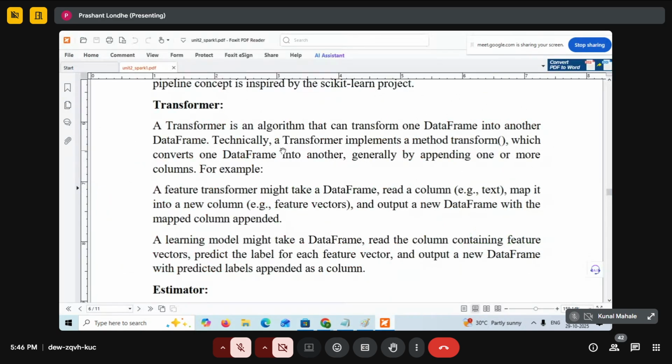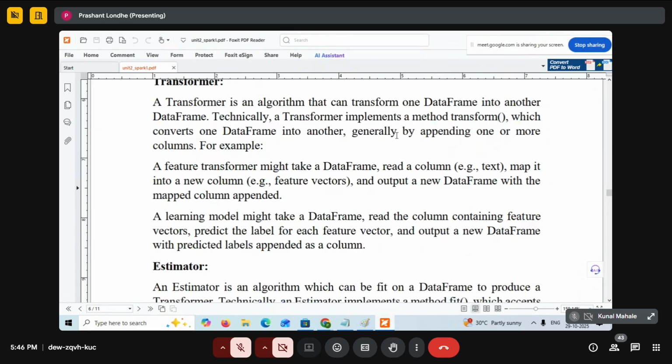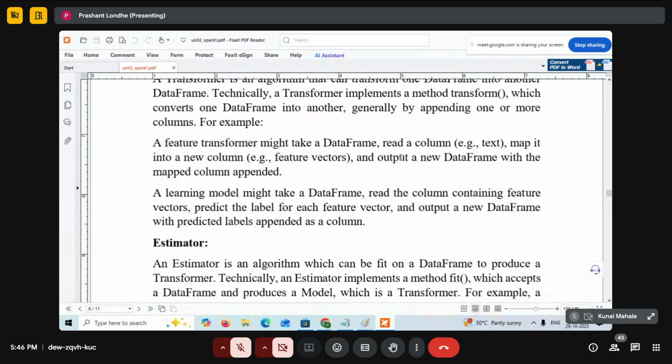So you can see the transformer is the algorithm that transforms one data frame into another data frame. We converted the data into training and testing, and it is used for the features. Features means the properties, the properties by which you convert your data from x to y. Like when you have a fruit, why do you call it an apple?